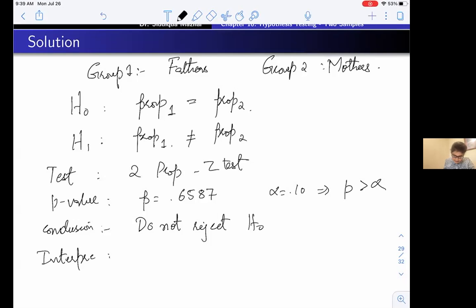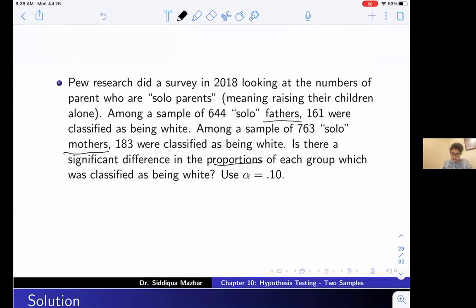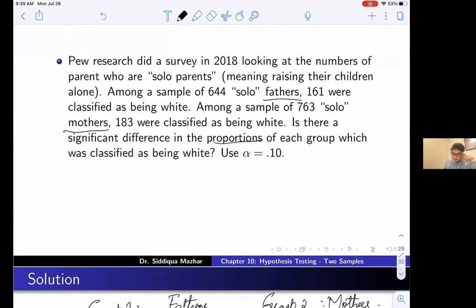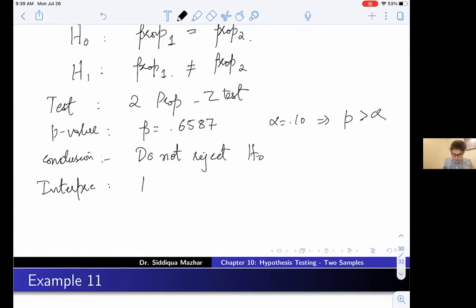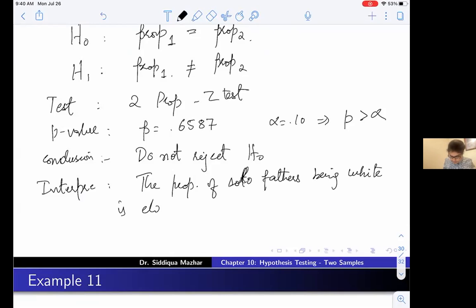So what is my interpretation? Interpretation says that the proportion of solo fathers being white, who were classified as being white, is close to the proportion of solo mothers being white.